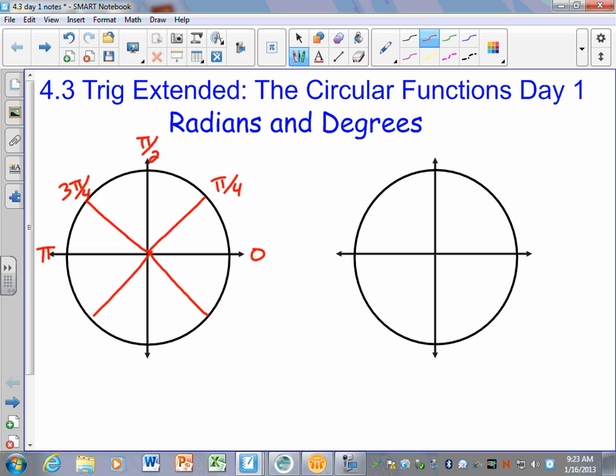What if we keep going here? I can still count by fourths. If this is 1 whole pi, or in fourths, that would be 4 pi fourths. What's this going to be? 5 pi fourths. Right? That's bigger than 1 whole pi. It's like 1 and a 1/4 of pi. And what's this going to be? 6 pi fourths, which we could reduce to 3 pi halves.